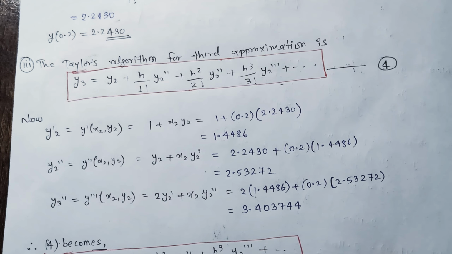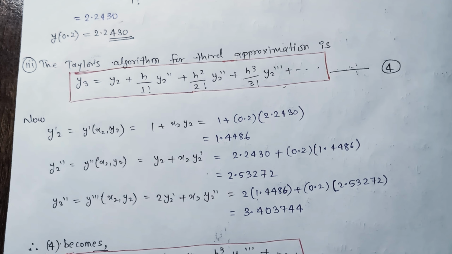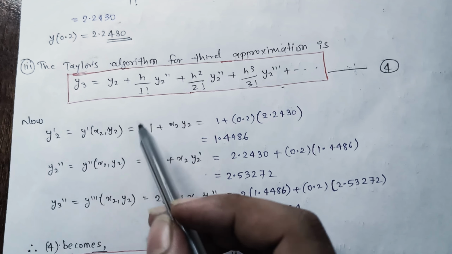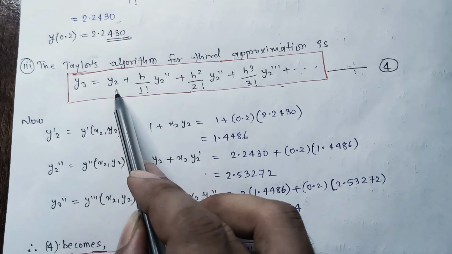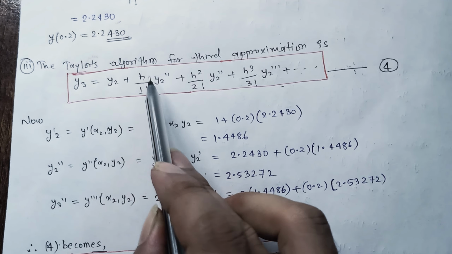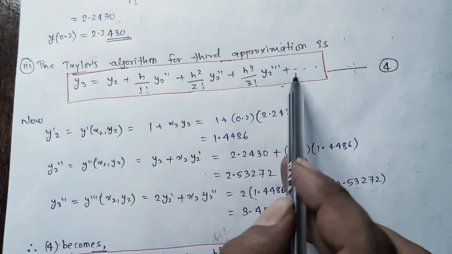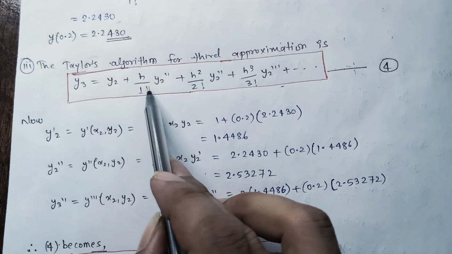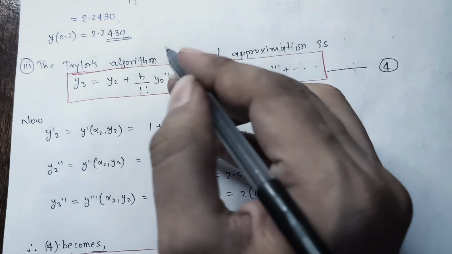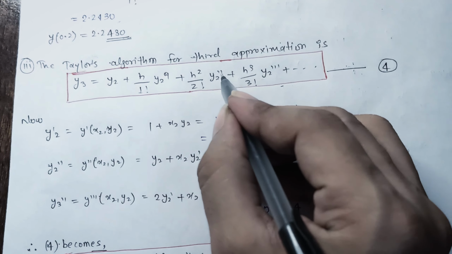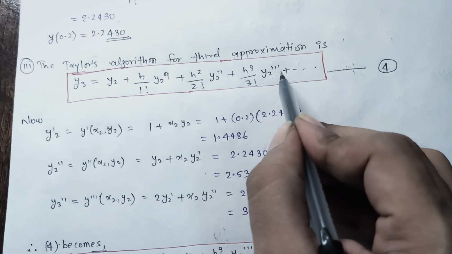Now going to the third approximation, y of 3, which is y of 0.3. So we are going to find y of 0.3. Firstly, we apply y of 3, and then the next term will be y of 2 plus h, and all these terms will be as they are, and y will be upgraded to y2 dash, y2 double dash, and y2 triple dash.